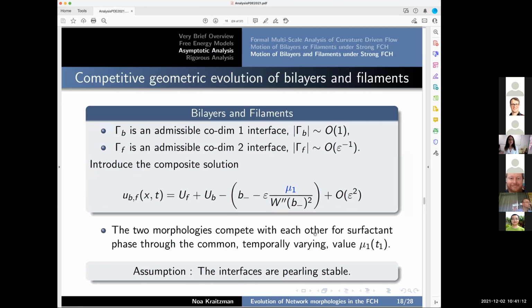Okay, so now, again assuming everything is Pearling stable, we can take a system that has both the bilayer and the filaments in it. To remind everyone, the bilayers are the beach balls and the filaments are the spaghetti worms. We're going to see that the two structures are going to compete through the chemical potential.